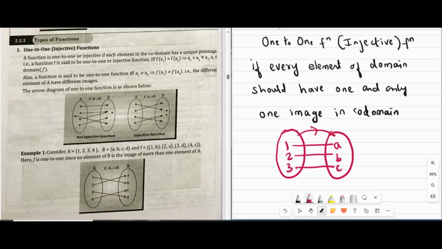Then this is an example of a one-to-one function, where f of 1 has one image, f of 2 has only one image, and f of 3 also has only one image. If it has one and only one image, then it is called injective, or a one-to-one function.